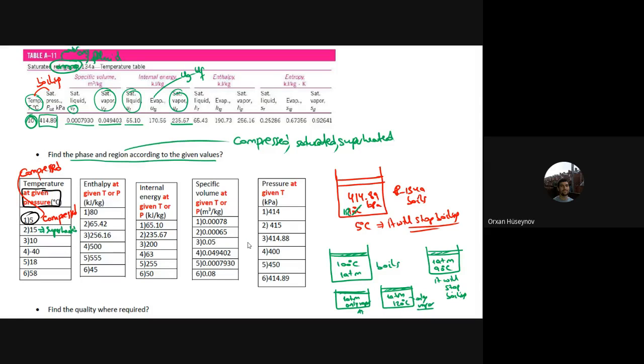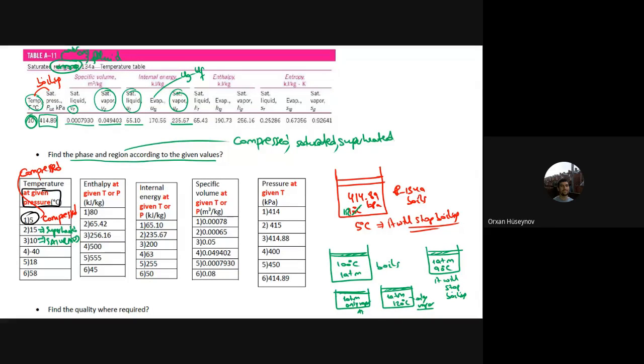Okay, now comes the next temperature, which is 10 degrees Celsius. When the temperature is 10 degrees Celsius, this one will be in the saturated region, because it is the same temperature as the one here.